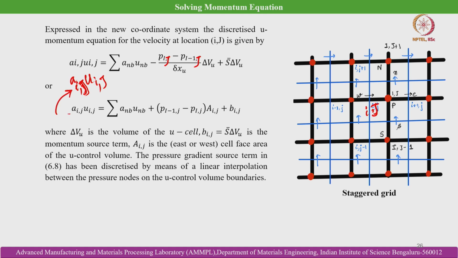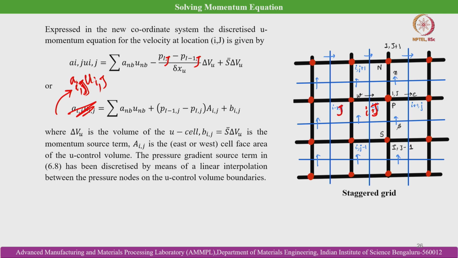So it is coming from here, is equal to the summation of a_nb u_nb plus p_I-1 comma J. J is the capital J here, so it is not small j. So that is I minus 1 capital J, basically for this I minus 1 capital J. Please correct it.